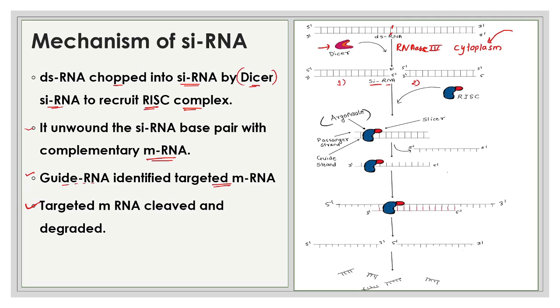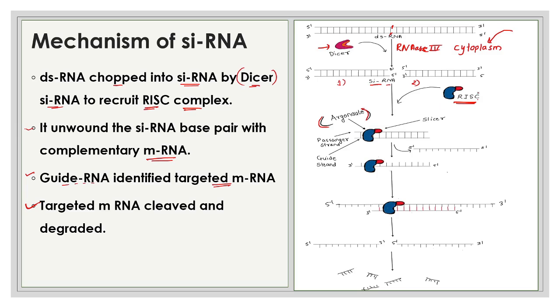When the siRNA is formed, it is processed by the RISC assembly. So what is the RISC assembly? The RISC assembly is made up of Argonaute and slicer. As I already told you, RISC is the RNA-induced silencing complex.